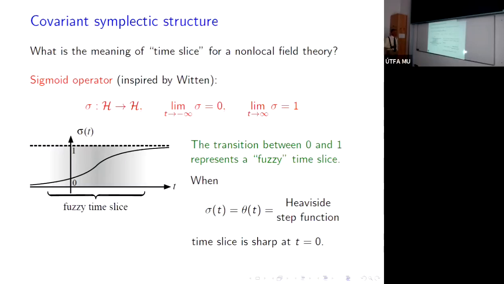That would be a realization of this sigmoid, where it acts on this vector space through multiplication by a function of time. In general, the sigmoid could be something else. The only thing that you really know for sure is that it starts at 0 in the beginning and ends at 1 in the end. So this is how we introduce the notion of time slice.